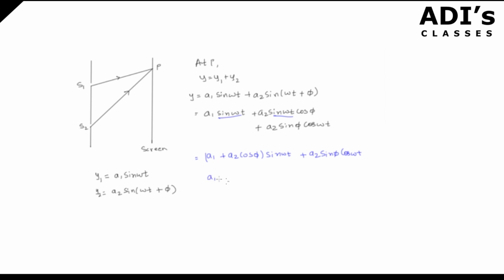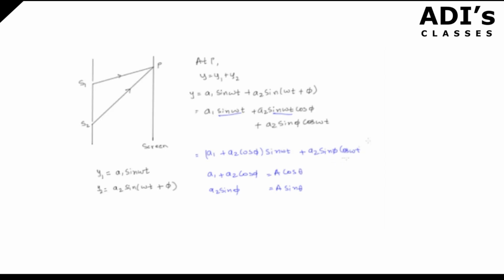Okay, so if we add them, we get Y is equal to A1 sine of omega t plus A2 sine of omega t plus phi. Okay, so sine of omega t plus phi, we have to expand it. So we'll get this as A1 sine of omega t plus A2 sine omega t cos phi plus A2 sine phi cos omega t.